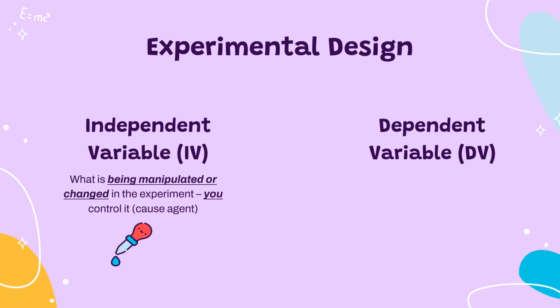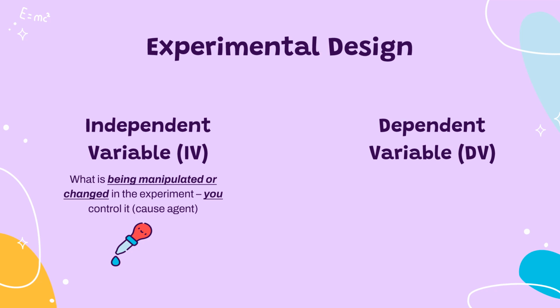So our independent variable, like I went into before, this is what's being changed. We're just going to use the example of a more straightforward experiment. This is something that you are doing yourself, you are controlling it. So in my example, this is a chemical that you are adding to something.